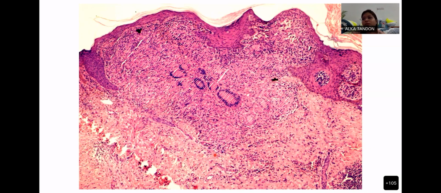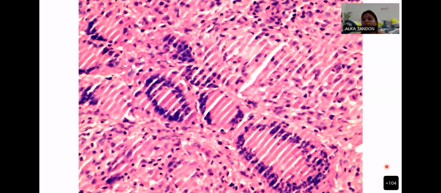Here we can appreciate that there are multinucleated giant cells, many of them, and a lymphohistiocytic infiltrate. There are no prominent areas of necrosis seen. On higher magnification, we can appreciate the multinucleated giant cells as well as the lymphocytes and histiocytes collection.